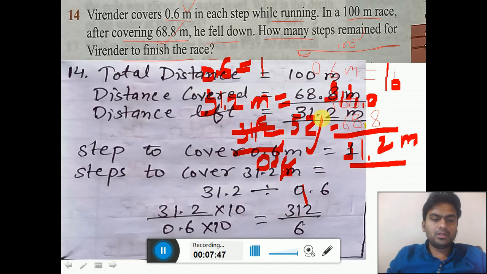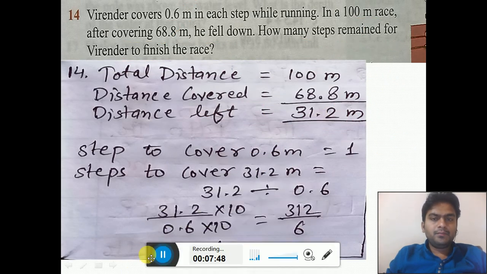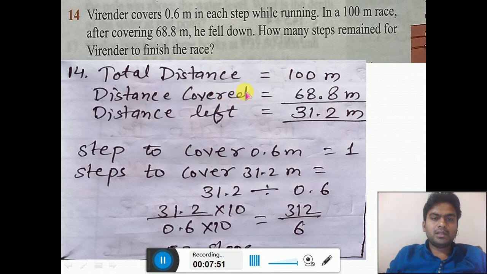Here is the solution. Total distance 100. Distance covered 68.8 meters. Now distance left, subtract, so we get 31.2. Now steps to cover 0.6 is one step. Now steps to cover 31.2 meters equals 31.2 divided by 0.6.